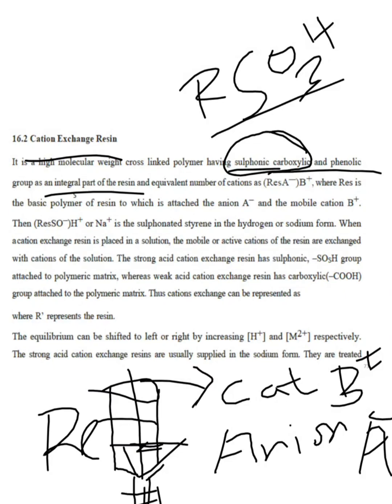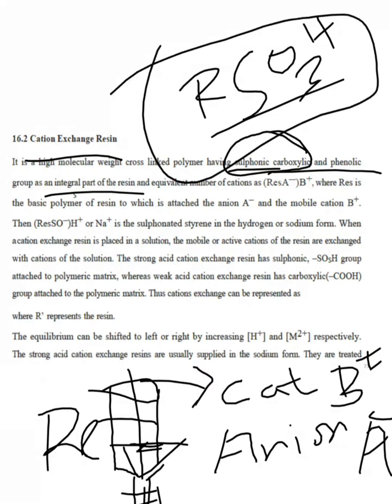Whereas the weak acid cation exchanger resin has carboxylic acid. This is nothing but what you are studying in acid-base, how a weak acid reacts with a strong base, or a strong acid reacts with a strong base or a weak base.